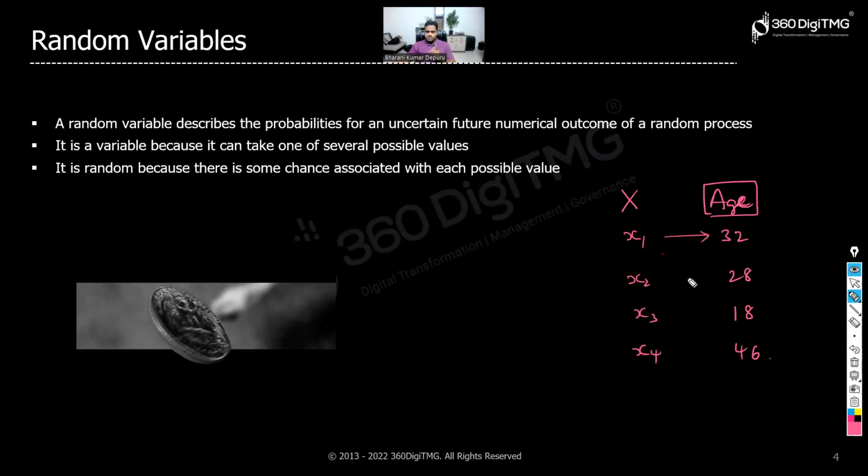So x1 is the age of the first person, x2 is the age of the second person, x3 is the age of the third person, x4 is the age of the fourth person. Whenever you look at any of the statistics books or data science books, if you have an uppercase notation, that means we are talking about a random variable. And if you have lowercase notations, that means you're referring to each and every value within that random variable.